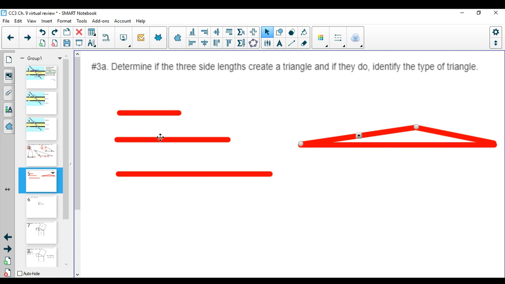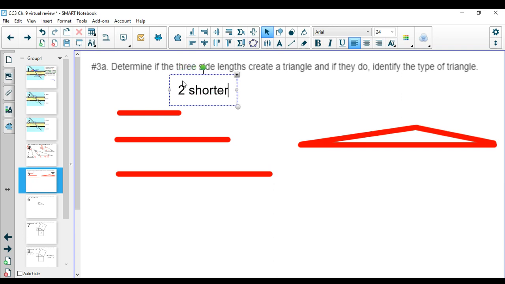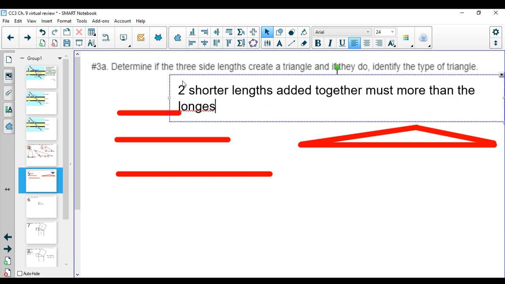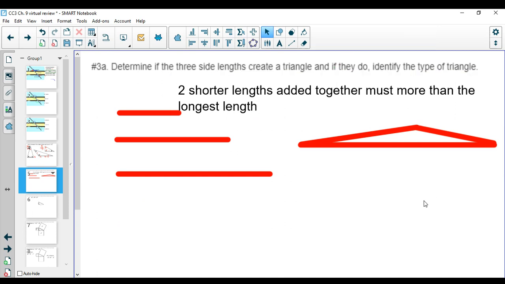So my two shorter lengths added together must be more than the longest length. If they're not going to make a triangle, we can't figure out what kind of a triangle because it's not a triangle. It's a moot point.